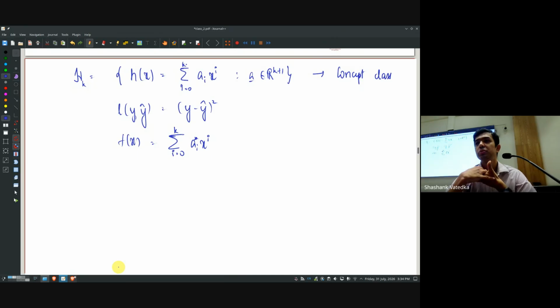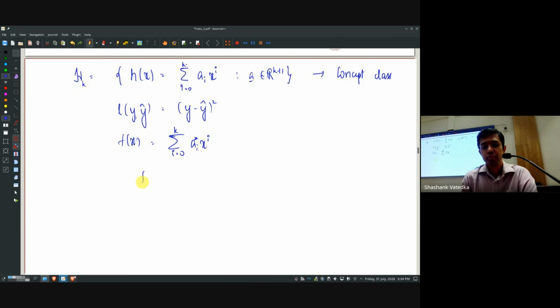And how would you do that? What would be the complexity of finding the coefficients? You just construct the matrix, so it's just order k cubed, right?